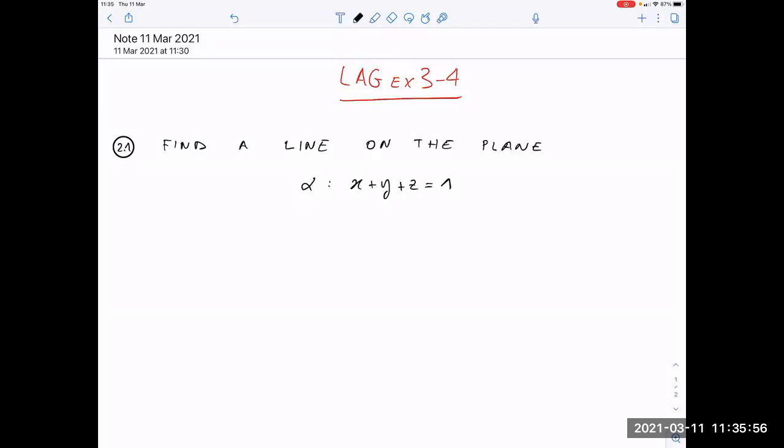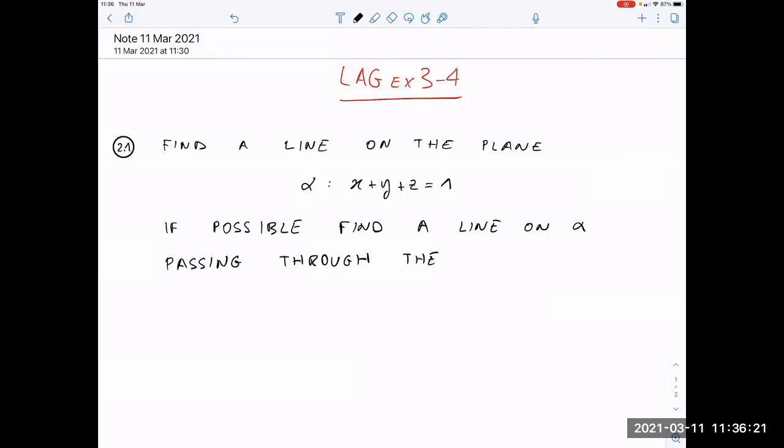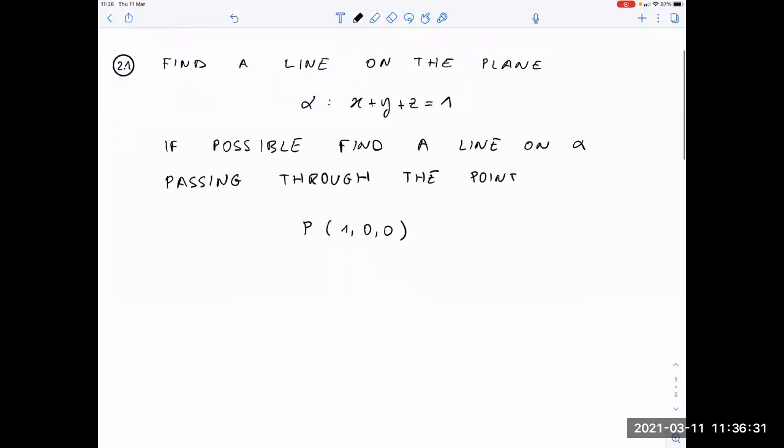That's the first thing. And if possible, find a line on alpha passing through the point P of coordinates 1, 0, 0. So there are two things that we want to do here.